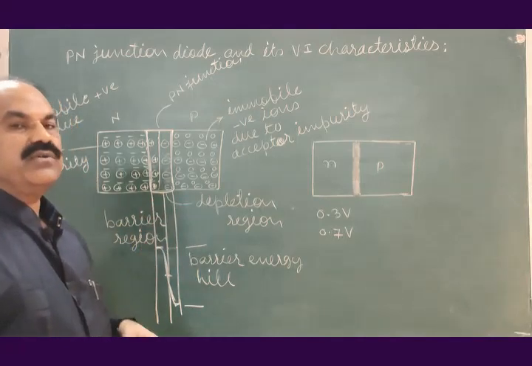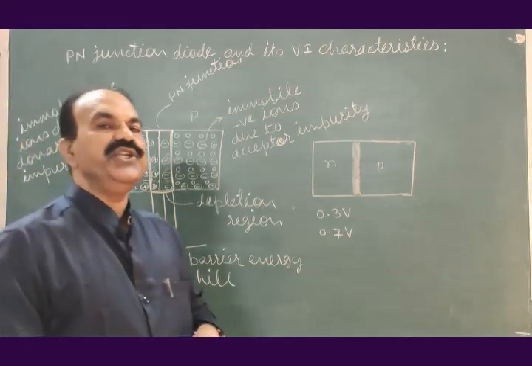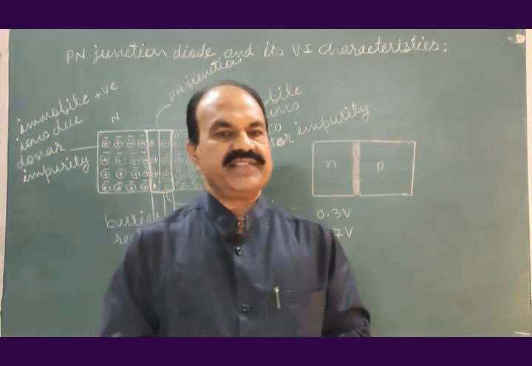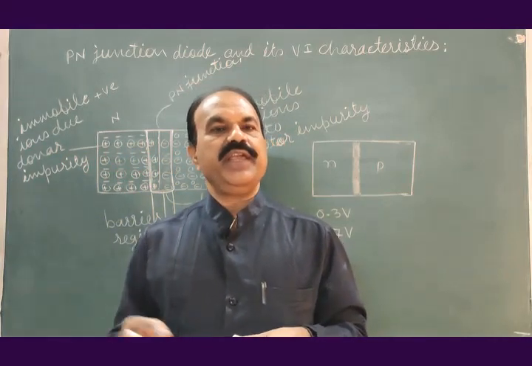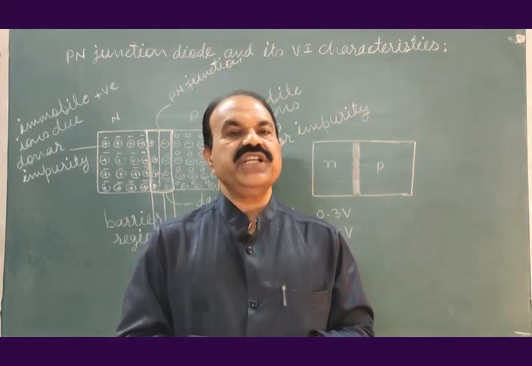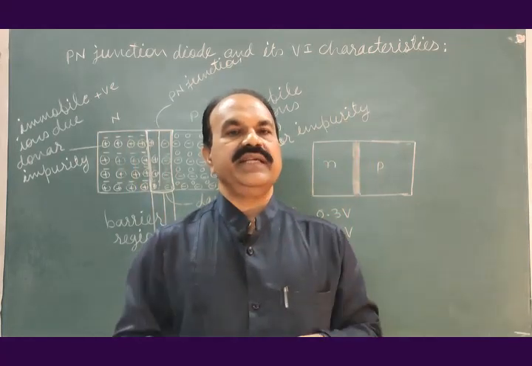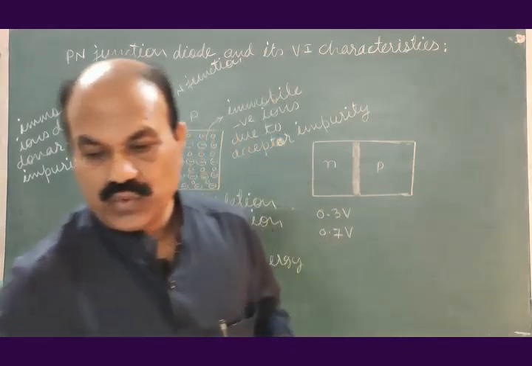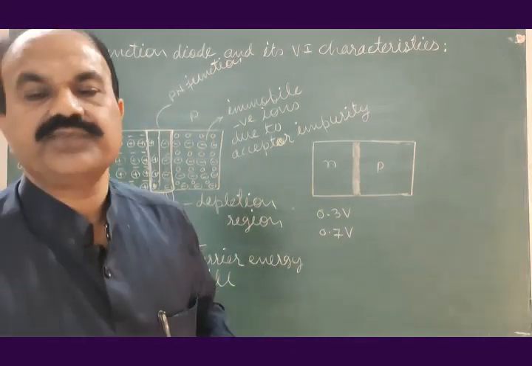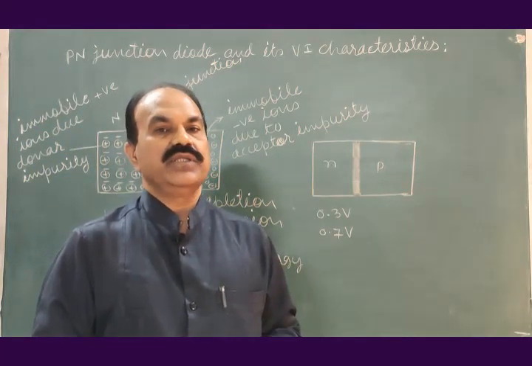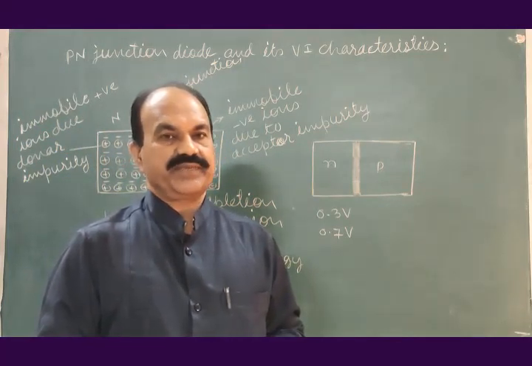The p-n junction diode is electrically used in many devices because it is a very important semiconductor device used in almost all electronic circuits. There are two ways of using the p-n junction diode in electronic circuits.